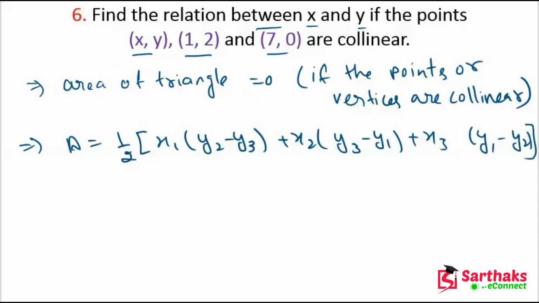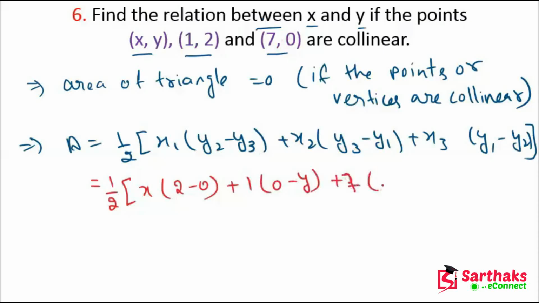Now we put these values in this formula. So we get 1 upon 2, x1 is x, y2 minus y3: y2 is 2 and y3 is 0, so 2 minus 0, plus x2 is 1, y3 minus y1: y3 is 0 and y1 is y, so minus y. Plus x3 is 7, and y1 is y and y2 is 2, so this is minus 2.